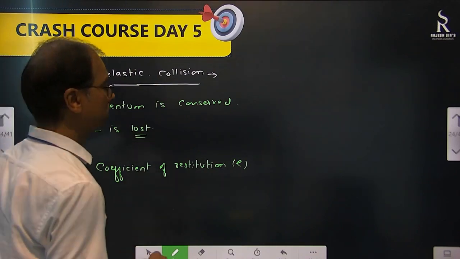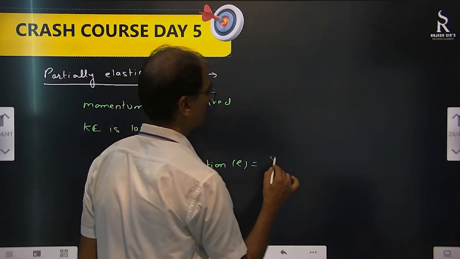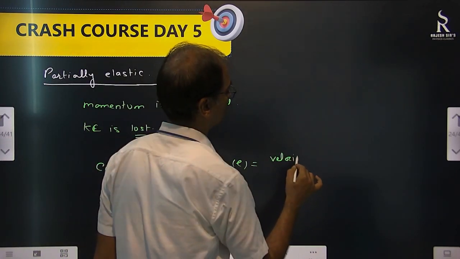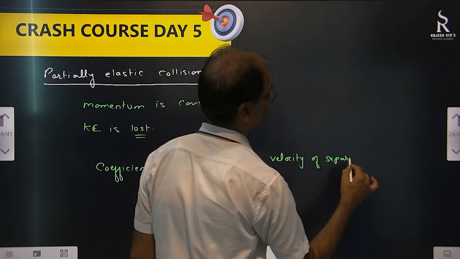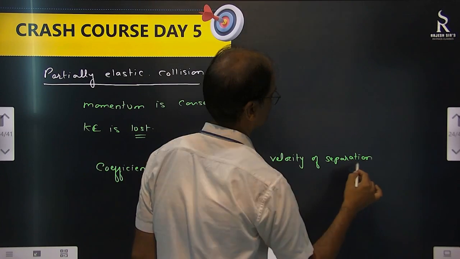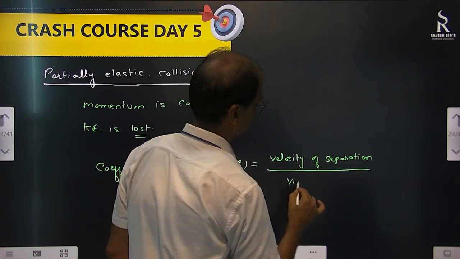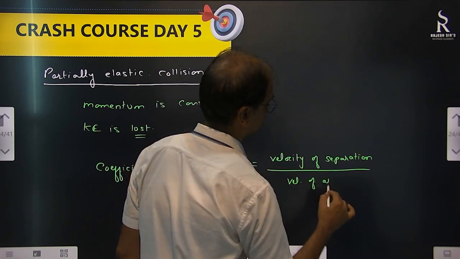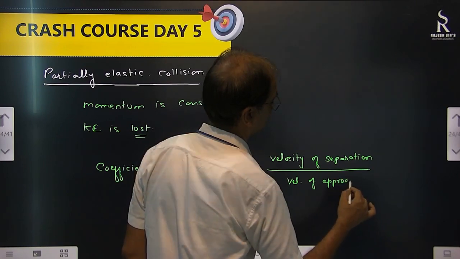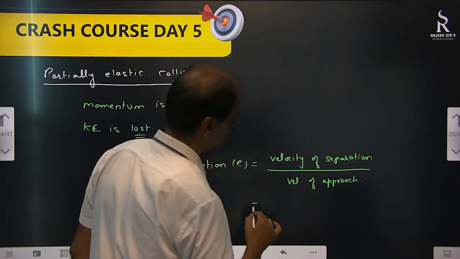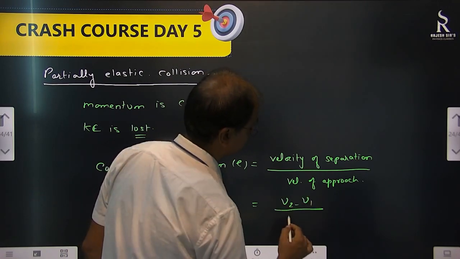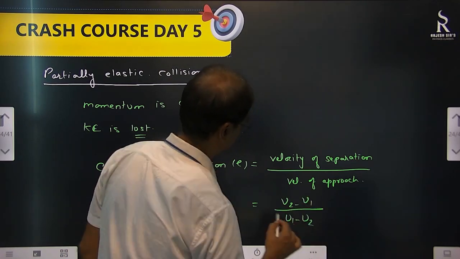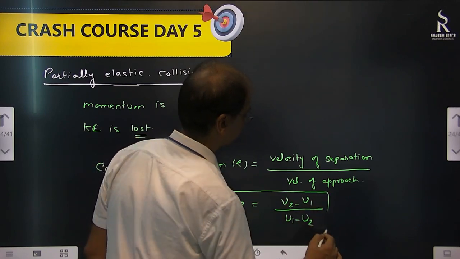This is velocity of separation by velocity of approach. Velocity of separation obviously happens after collision, so we write V2 minus V1. And approach, we write U1 minus U2. This is e.